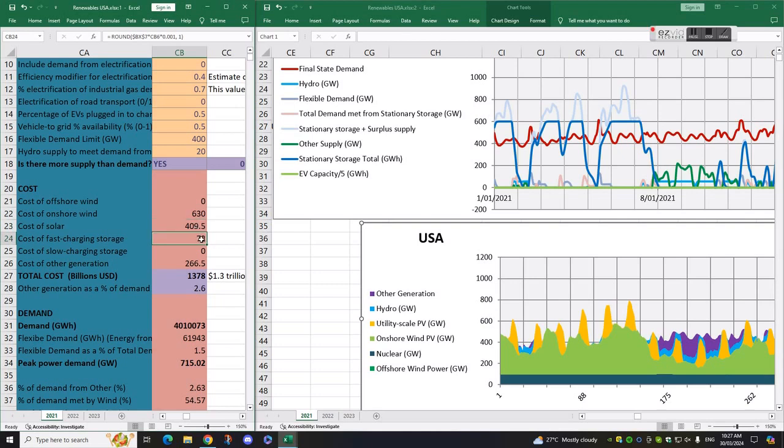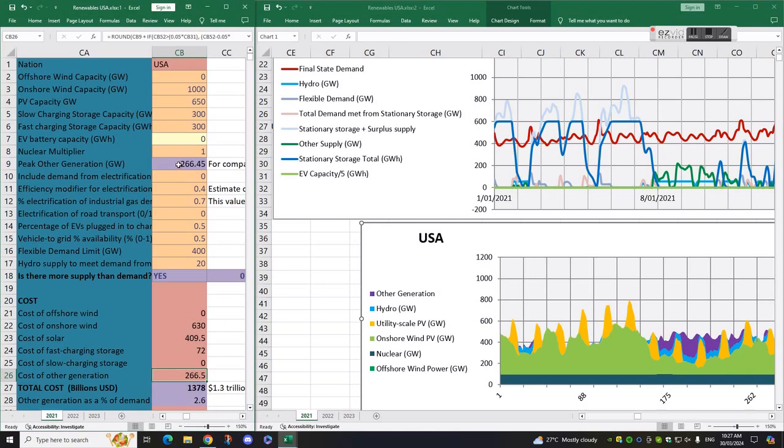But the other generations, basically, I look at the peak other generation, say 266 gigawatts, and I'm saying each gigawatt of that costs $1 billion to build a power station for. Most of these power stations might already exist. They could probably adapt many of the current open cycle and maybe the closed cycle gas turbines for using hydrogen, for instance.